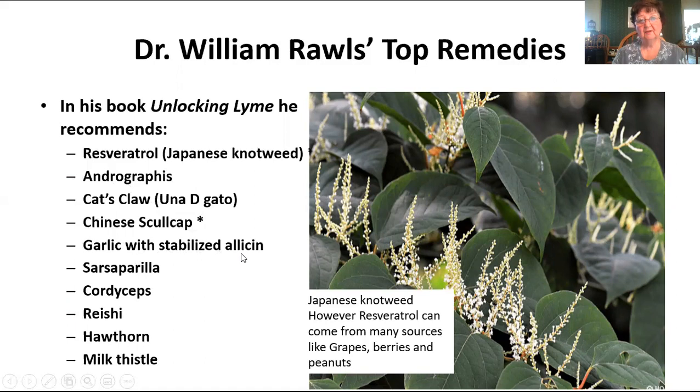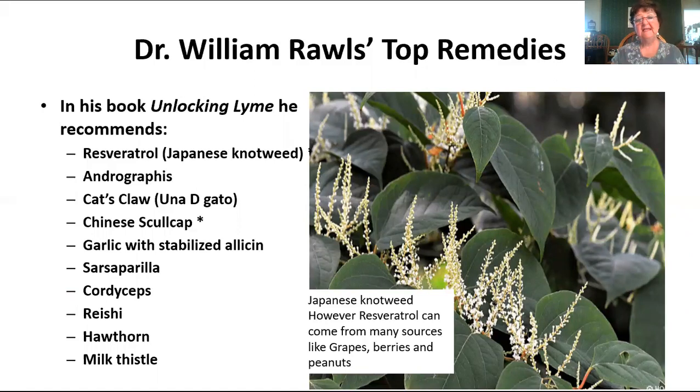And the company that I use, Nature's Sunshine, has a great stabilized allicin product that is concentrated. It's not a capsule, it's in pill form that is coated with chlorophyll.